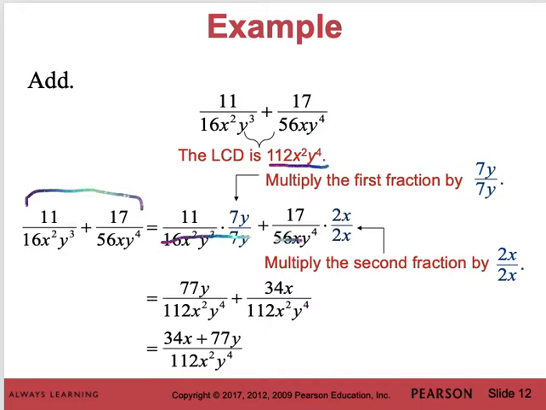We know that when we multiply these two values, we're going to end up with 112 because we found the least common denominator. So the only thing we end up multiplying is this first, 77, and second, 34, and then we can actually add them together. But because the variables are different, we have to keep it separate as 34x plus 77y.